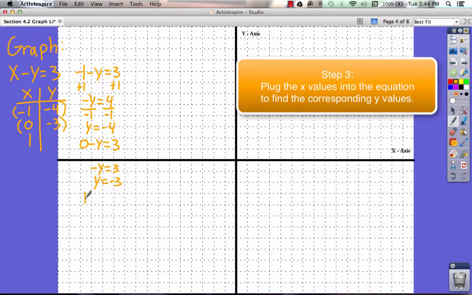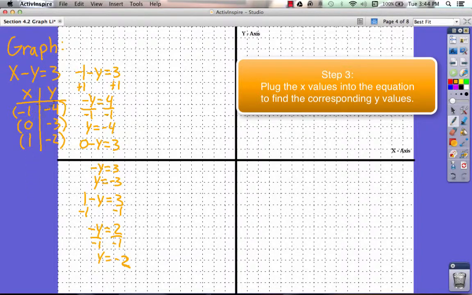We have 1 minus y equal 3. Subtract 1 on each side. That leaves us negative y equals 2. Divide by negative 1 on each side. And y equals negative 2. Negative 2 goes here. That's the other point.